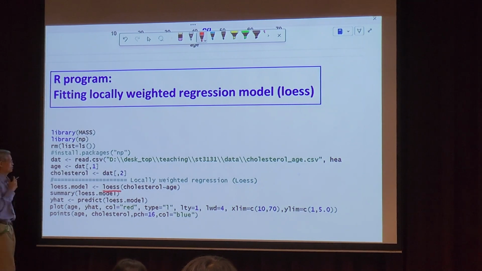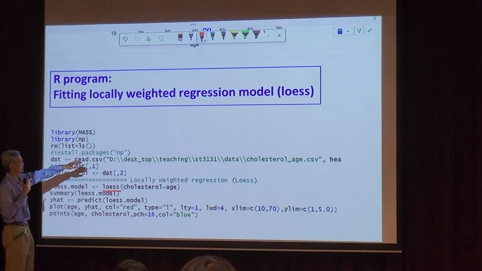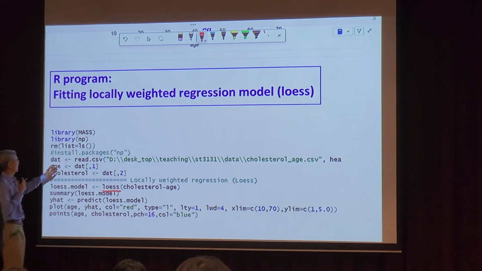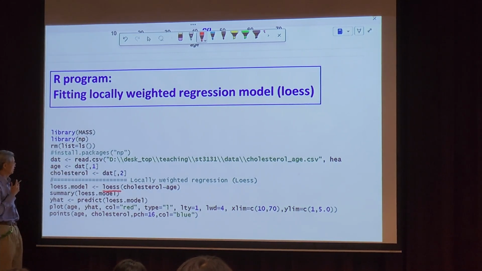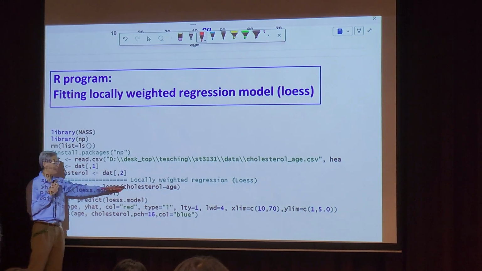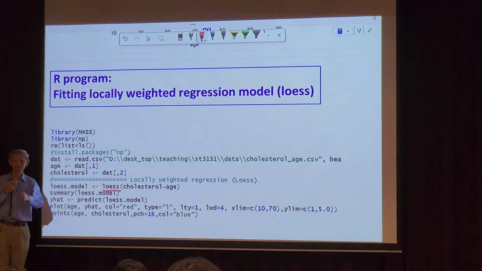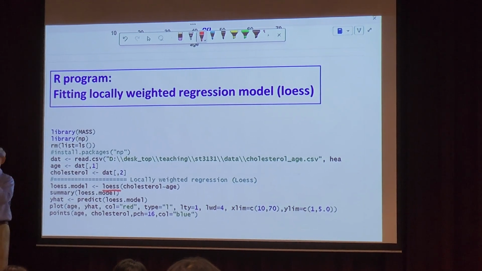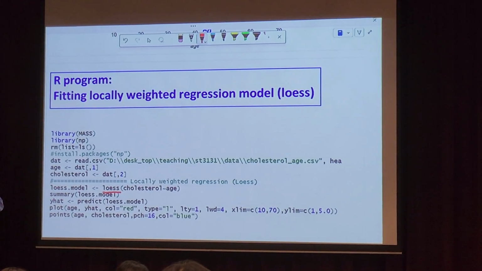So how do you fit a loess model? So here I read in the cholesterol data, call this age, call this cholesterol, and then to fit it is very simple. There's no need to choose span, right? Because it automatically uses a certain percentage of the points, which I believe is 20. Then you fit the model.